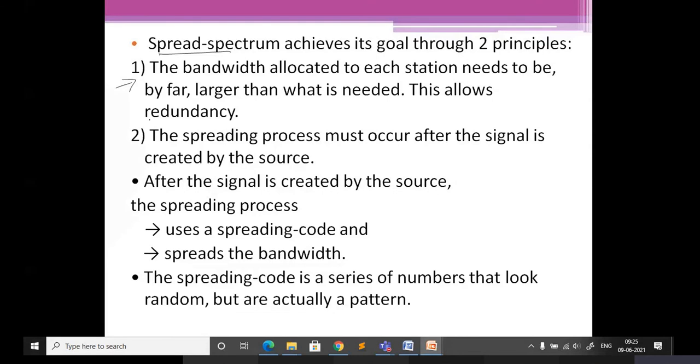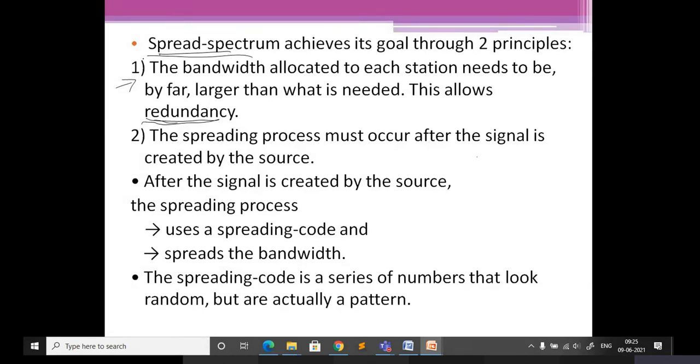If it requires just 2 MB of bandwidth, it should be increased because you are adding more redundancy to the data. In that case, the bandwidth required is going to be more, and you have to take care of that when using the technique of spread spectrum.